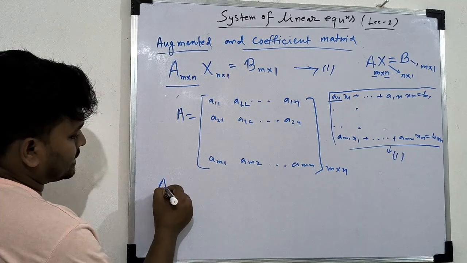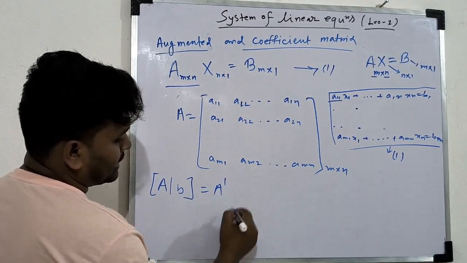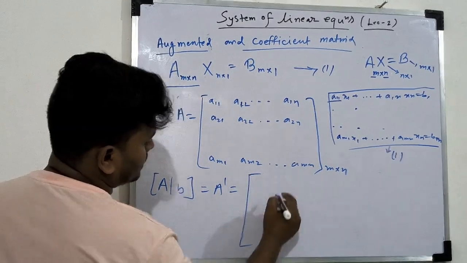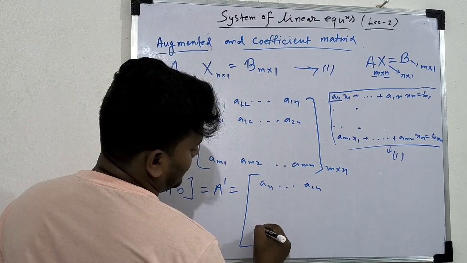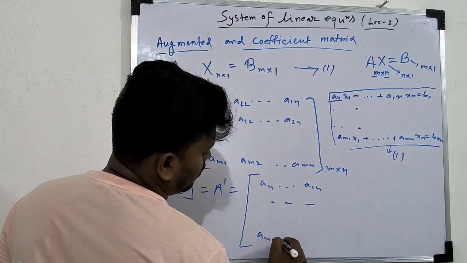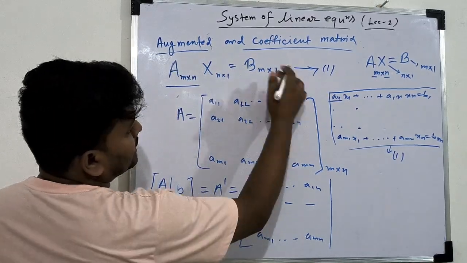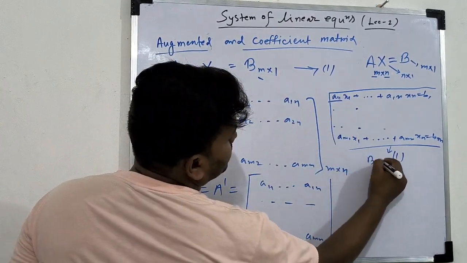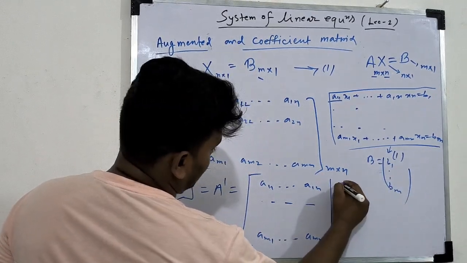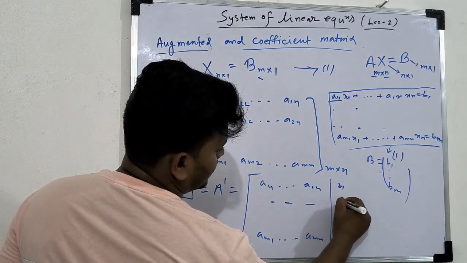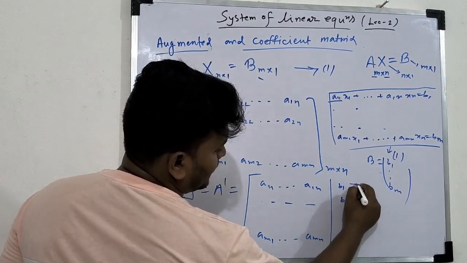And the augmented matrix is written as [A B], that is, a11 ... a1n, and similarly am1 ... amn, together with the B matrix, where B is b1 ... bm. So if you write it here, b1, second row b2, up to the mth row bm.